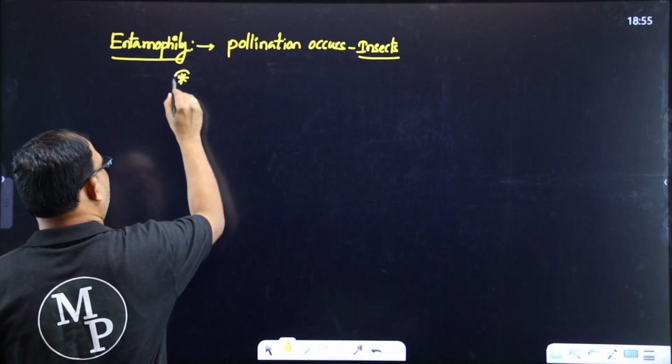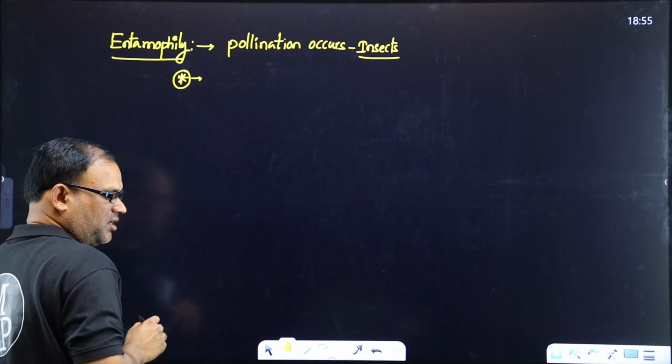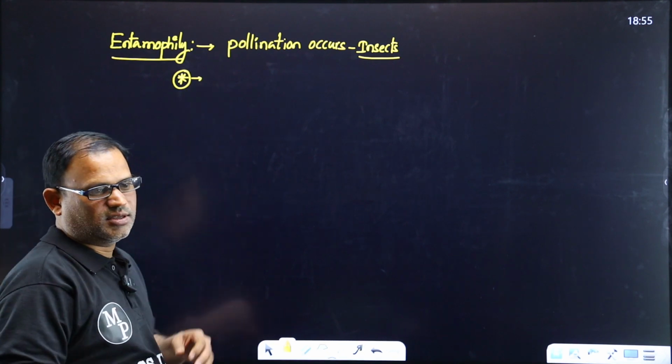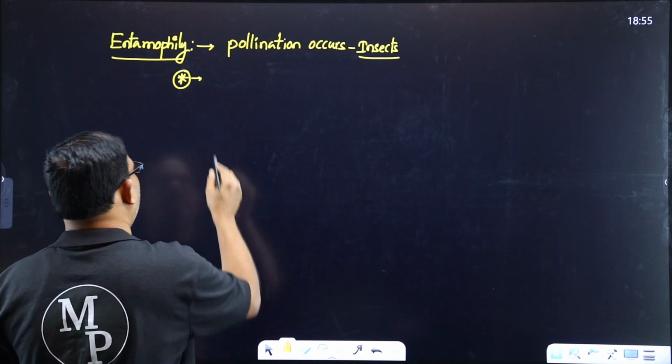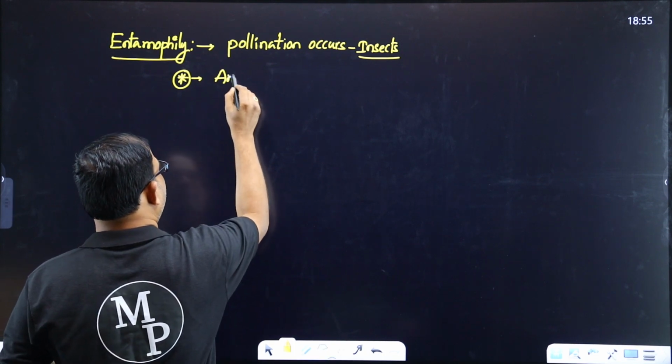But here see all of you, very very important. The animal pollinated plant flowers show some adaptations to the particular species of animal. Very very important. Line is there in NCERT.